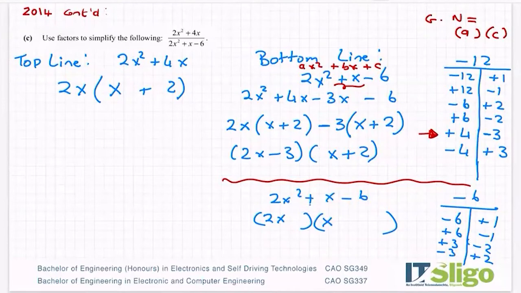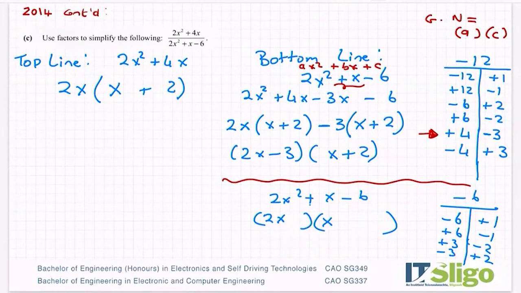Okay, so in other words, you could try putting, for example, -6 here and +1 here. And then you get +1x, and on the outside you get -12x, and you can see that gives you -11. Okay, so it wasn't those options.